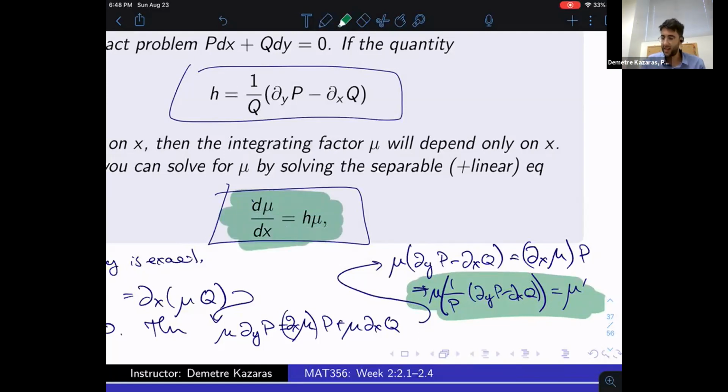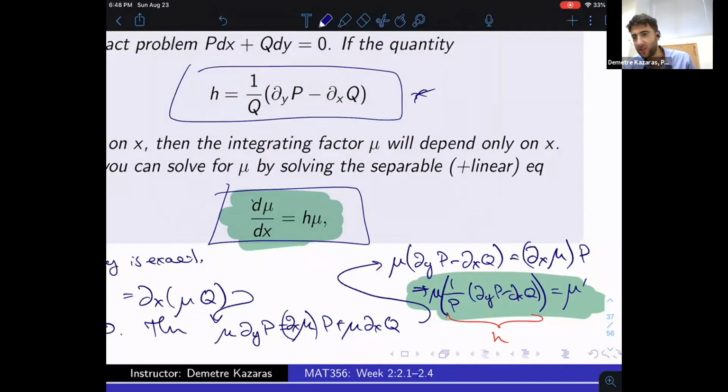I just used the shorthand h because this quantity here next to the mu, this is h. So that's where this quantity comes from. That's why if it depends only on one variable, then mu only depends on one variable, namely x. You can imagine a similar story if mu only depended on y.